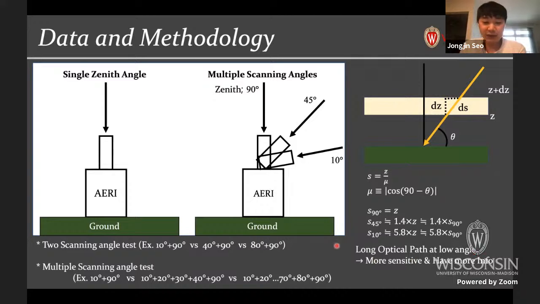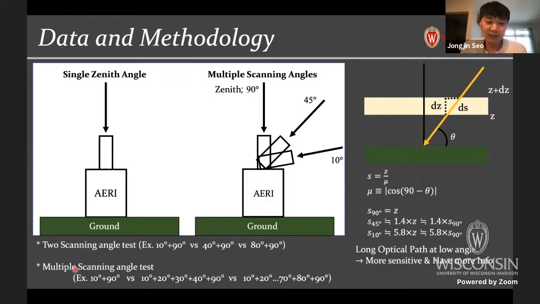So we have two different angle tests. The first test is a two scanning angle test, such as 10 plus zenith, 40 plus zenith, and 80 plus zenith. And from this test, we will look at the characteristics of scanning angles to retrievals.